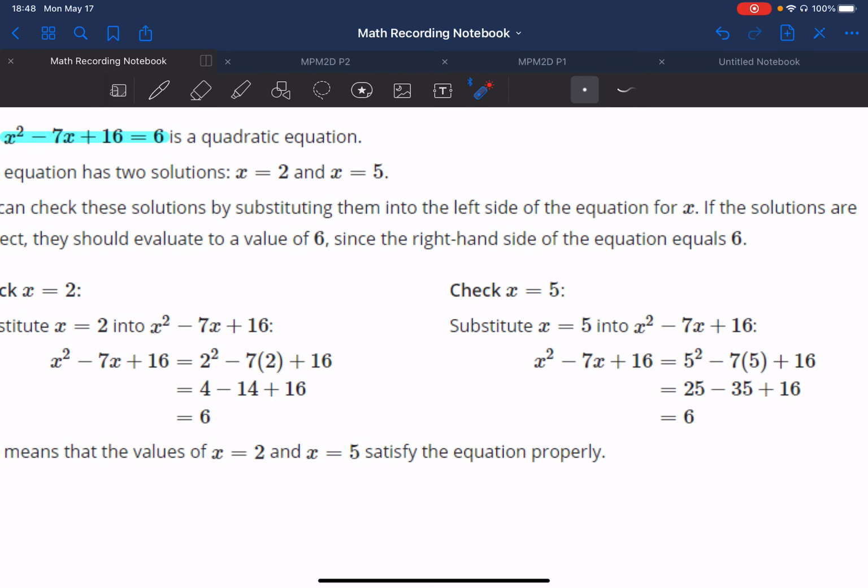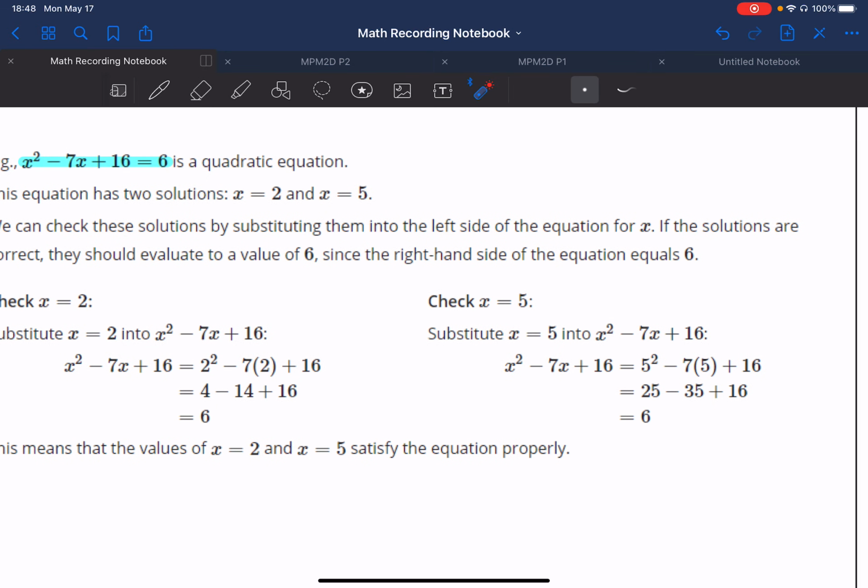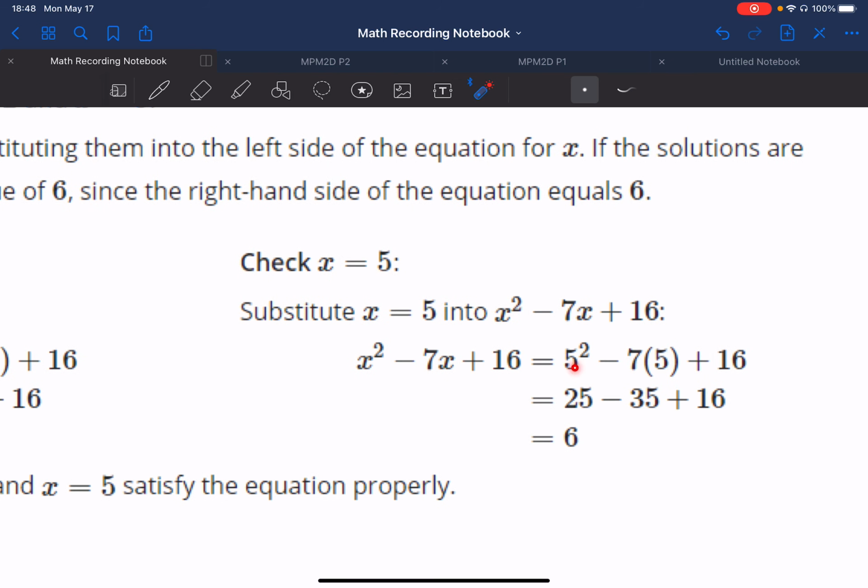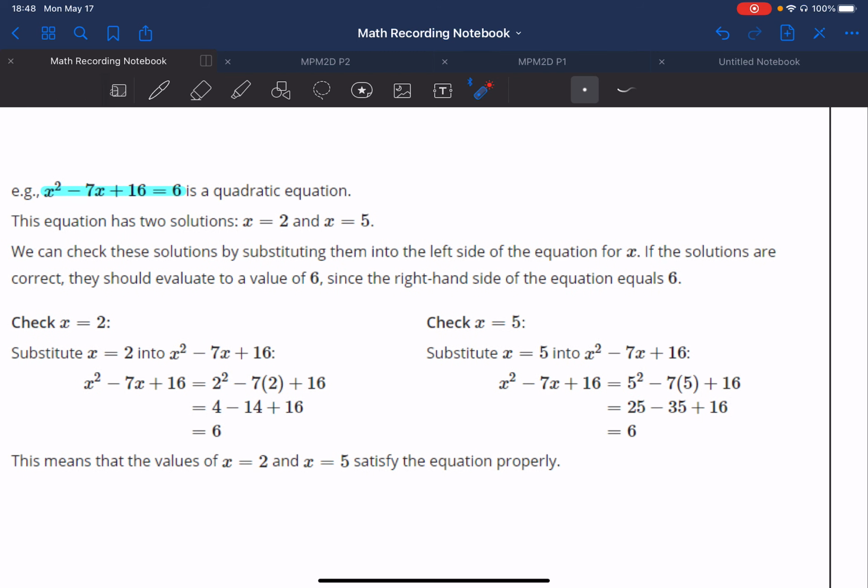We're going to do the same thing to check if 5 works. We replace 5 where all the x's are. 5 squared is 25. 7 times 5 is negative 35, plus 16. And when we bring this all together, we again get 6. What that means is that the values of x, 2 and 5, satisfy the equation, meaning that these are solutions to this quadratic equation.